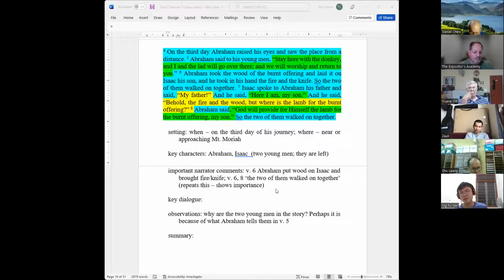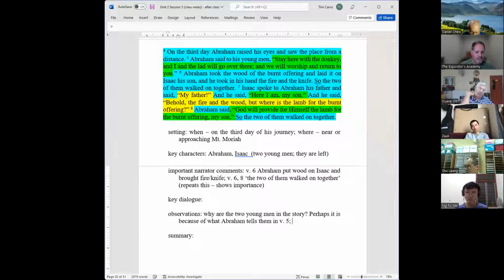Any other comments about the narrator? May I? Yeah, I was also attracted to the repetition at the end of verse 6 and the end of verse 8, except that I decided to read also from the NIV. At the end of verse 6, the NIV puts it as, the two of them went on together, comma, Isaac spoke up and said to his father, Abraham, father.